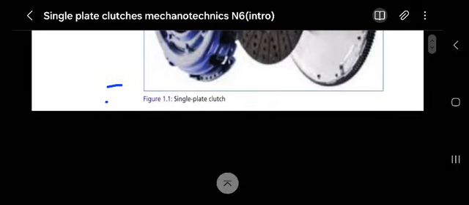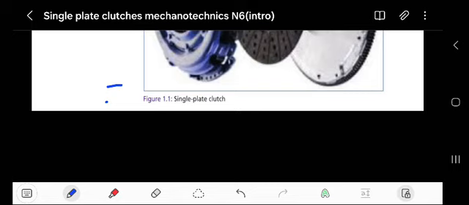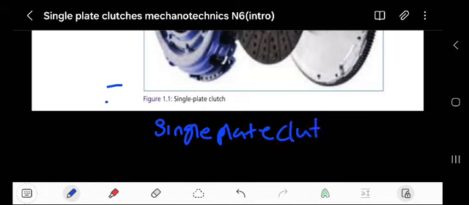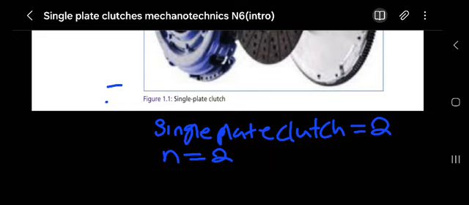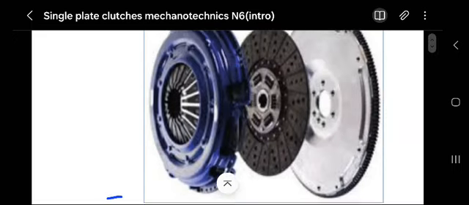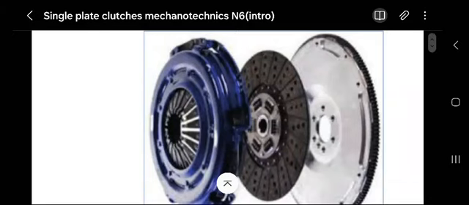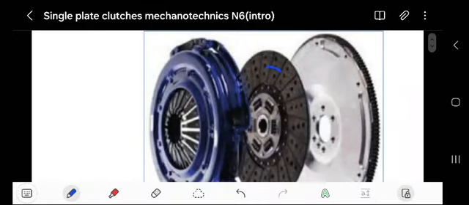So when you are dealing with a single plate, you must know that the number of contacts must be equal to 2. I mean n will be equal to 2, provided that both sides are effective. When you're dealing with a single clash plate, the number of contacts will be 2.